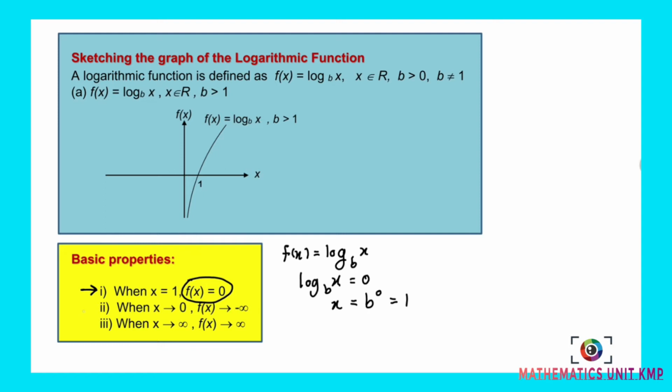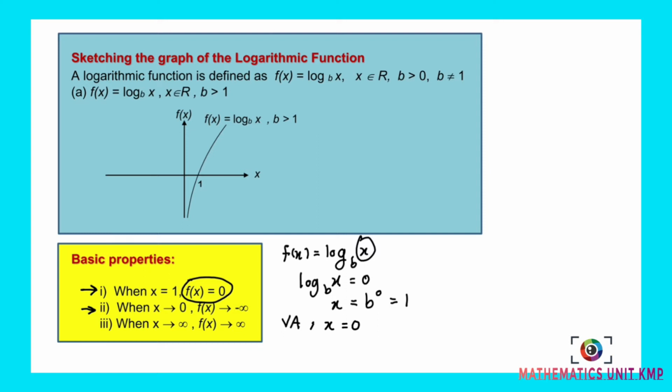Okay, the second step is you find the vertical asymptote. The vertical asymptote is just you take the function here. So VA stand for vertical asymptote, yeah. So x is equal to 0. That is the vertical asymptote.